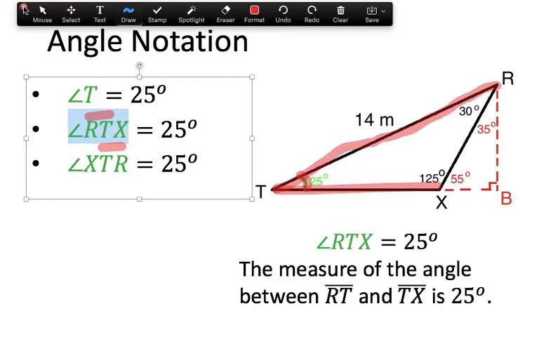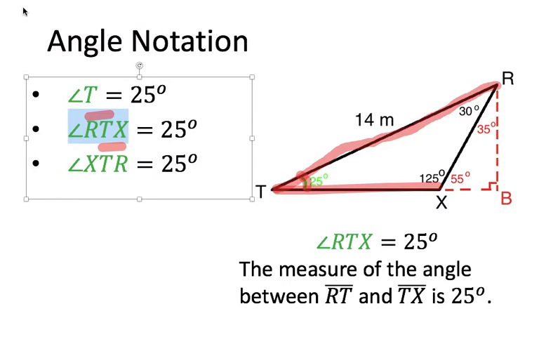And you could also have written it in the other order. So you could write angle XTR. So that's starting at X, go to T, and then go to R. You'll notice that the letter T here is in the middle when you write it with 3 letters.